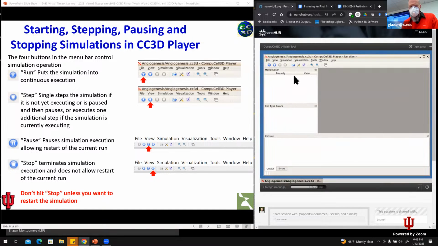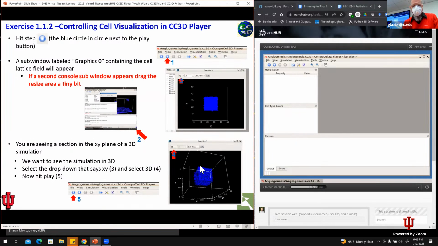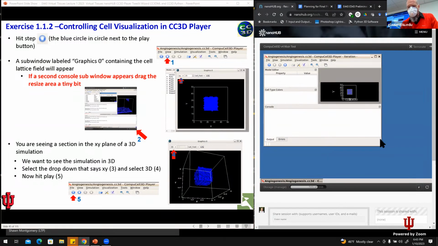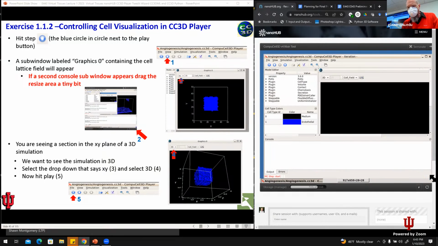I'm going to hit open, and now I can start the simulation. I'm going to hit step here, and it'll launch the simulation. And I'm probably going to have to resize the window.